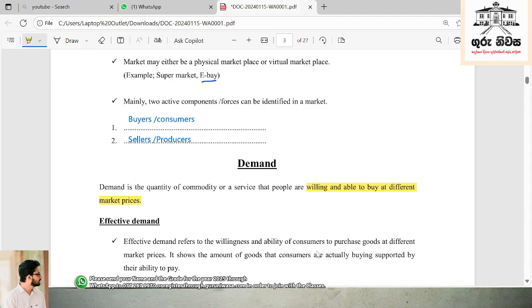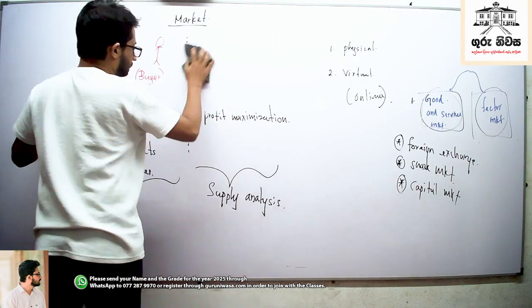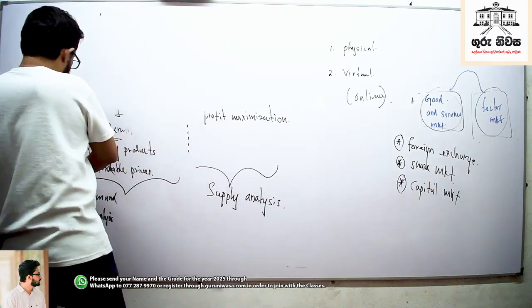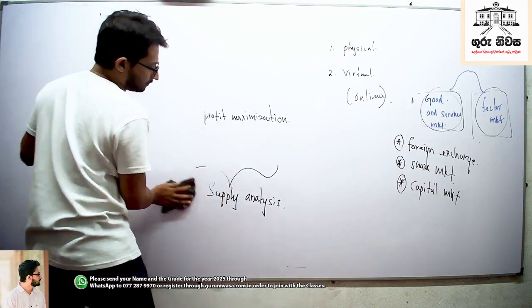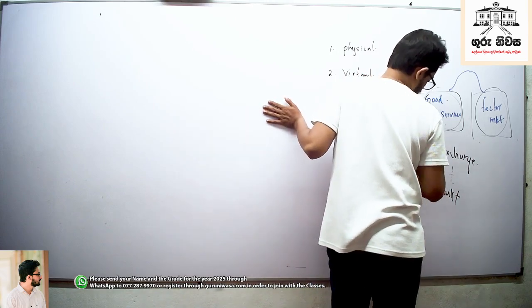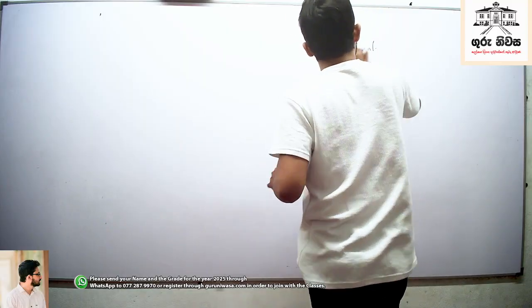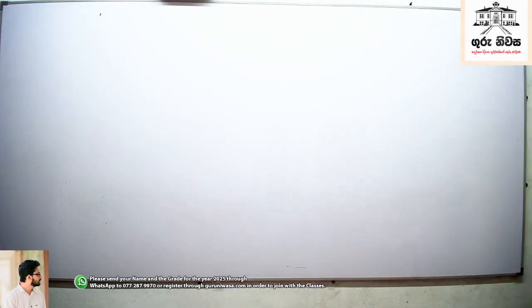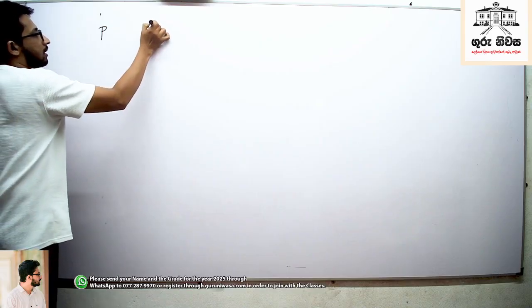Example, let's say, at the board: price, quantity demanded.